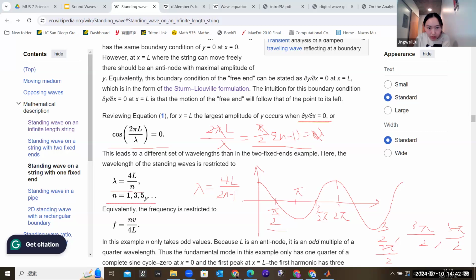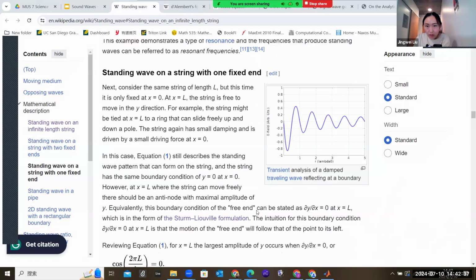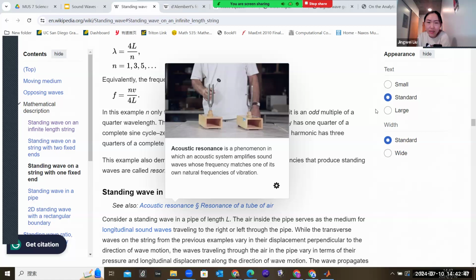When n equals 1, 3, 5, the odd numbers. So this is the physical model for the standing wave with one fixed end. Okay. So talking about the pipe is the same.